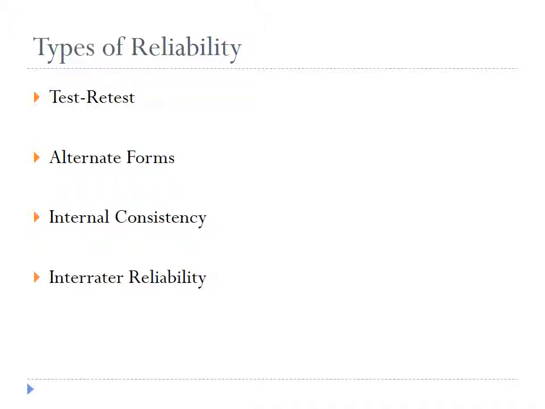These could be computed both for formal measures, standardized tests, or for other types of assessment approaches as well. Our discussion will focus mainly on using it in testing situations.